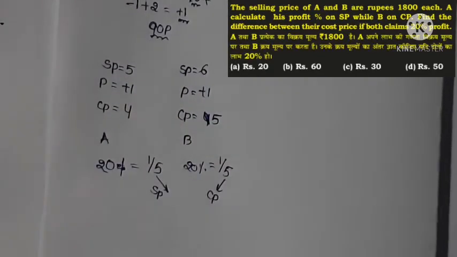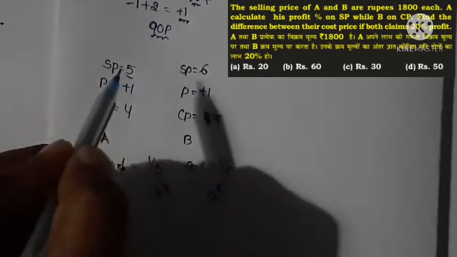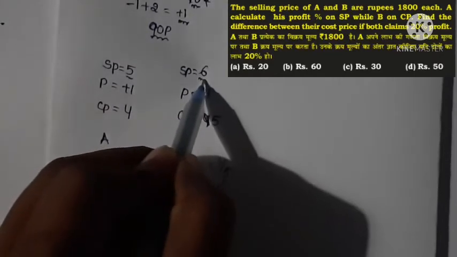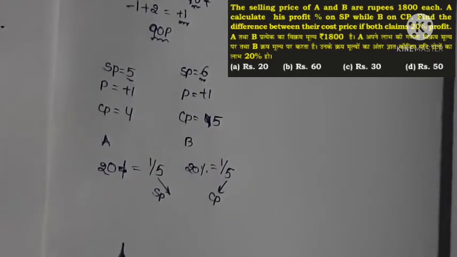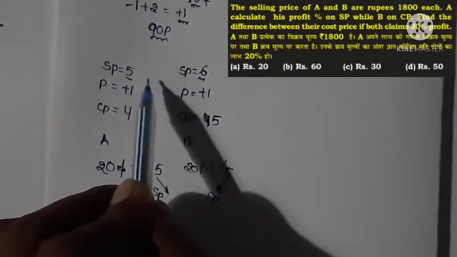The selling price of A and B are rupees 1800 each. So that means the selling price of the two articles is the same. Say the selling price of the first article is 5 and the selling price of the second article is 6. So equalize the selling price of the two articles.